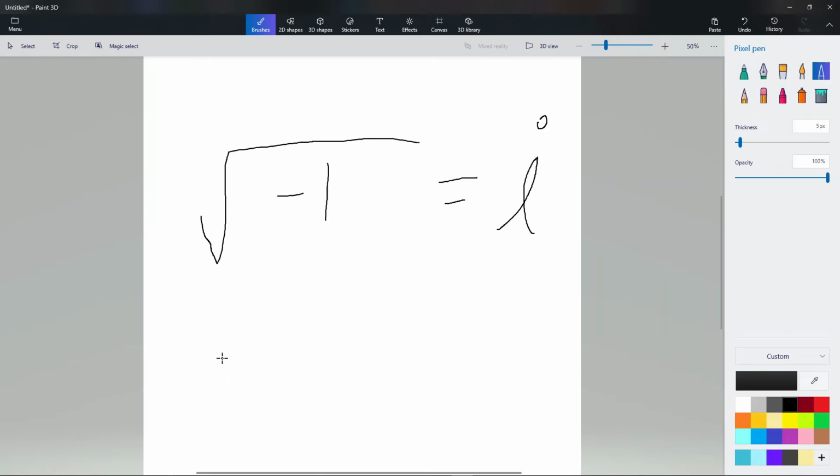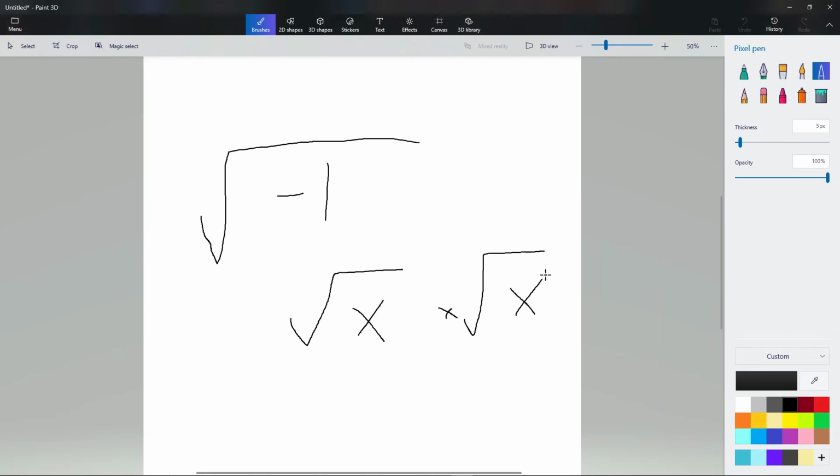Because if you have two i's right next to each other, or i to the second power, or i squared, right? You could essentially just make this equal to -1, which is a nice little rule. Because remember, as I talked about, any square root times another square root will get you whatever is inside the square root.